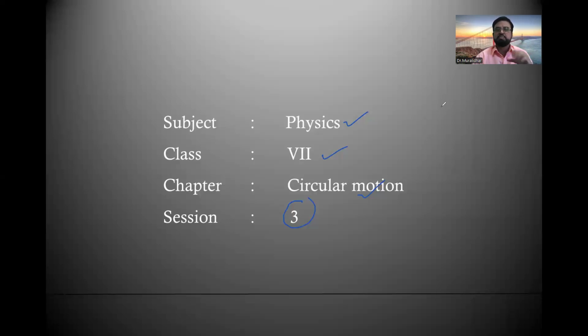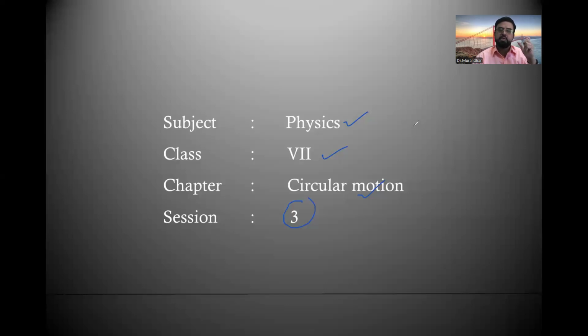But before that, let us recall what we learned about circular motion so far. As you all know, circular motion is a special type of motion. There are so many types of motions we have seen in the first chapter. Among that, circular motion is an important one. Why?